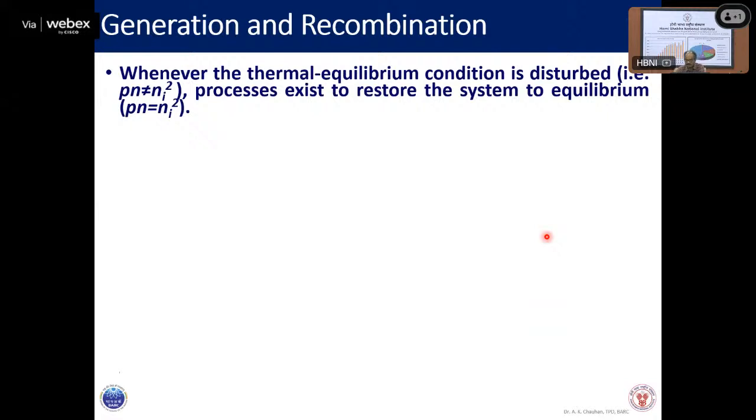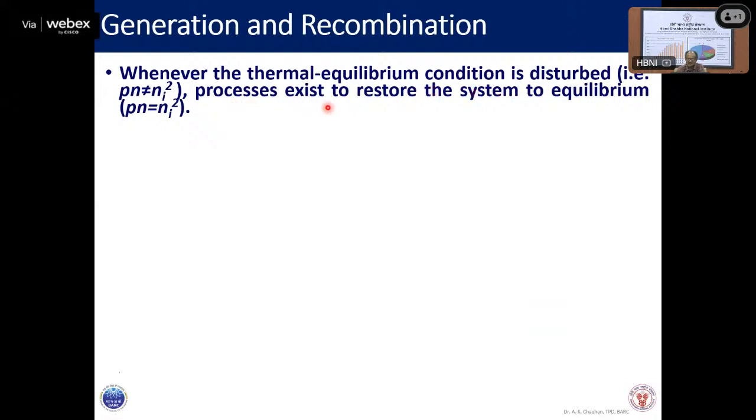We will not be doing this in this course, but if you want to learn at an advanced stage, always remember that you have to start with the situation where p times n is equal to ni squared. This is the way you find out the carrier concentration using different dopants.